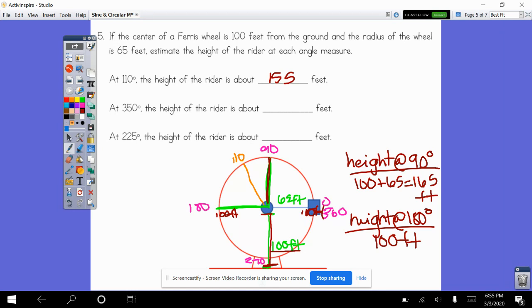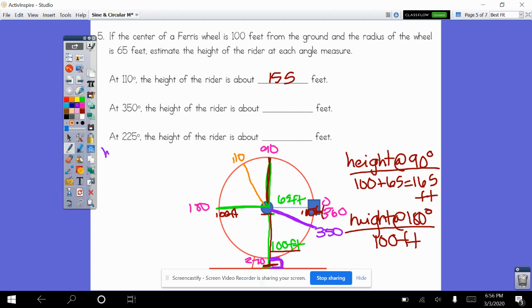All right. At 350 degrees, that would be here, 350. So for this, it's going to be between the lowest height and the height at 360. So it would help to find the height at the bottom of the Ferris wheel. To find the height of the bottom from the ground, you have to take the height of the center, which is 100, and subtract the radius.